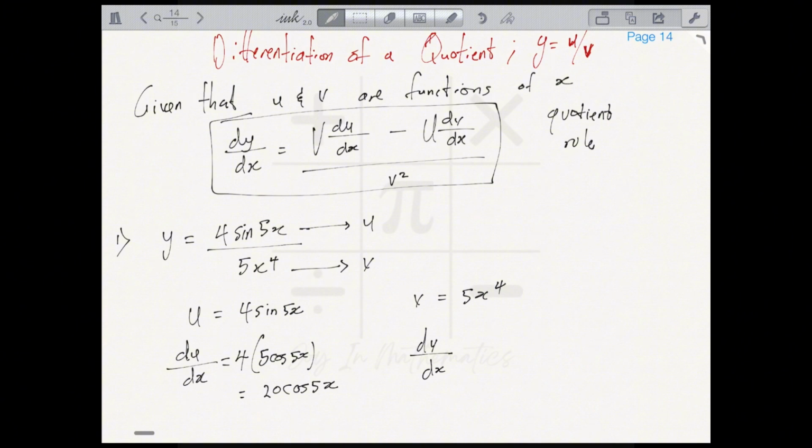And differentiating v now with respect to x, let's apply the first rule of differentiating y is equal to ax raised to power n. So we have 20x raised to power 3.